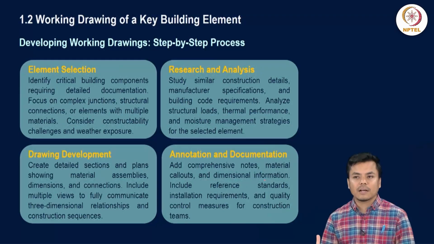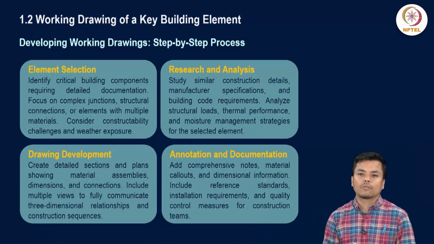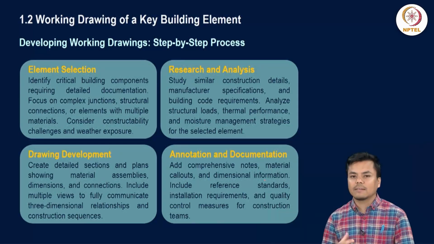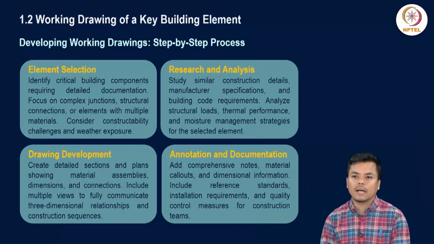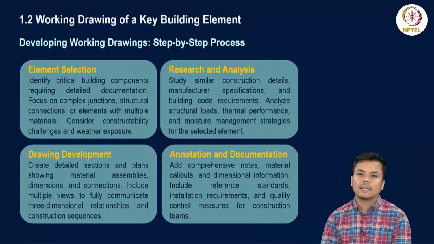Study similar construction details and then start with the detailing of that element. So for drawing development, create a detailed section and plan of that particular element so that the assembly, the manufacture and the connections are very clearly understood. Then also use standard annotation and documentation process when you start preparing the working drawing for the thesis.